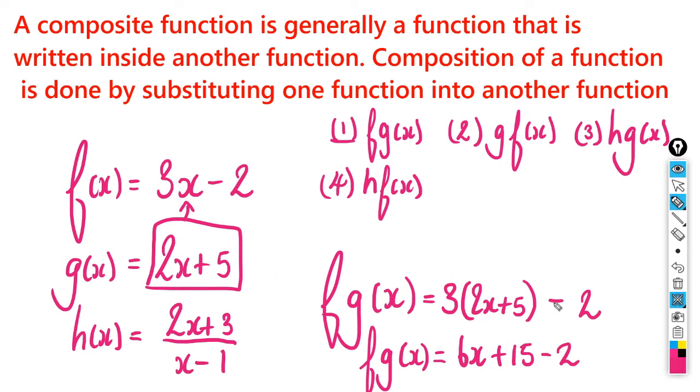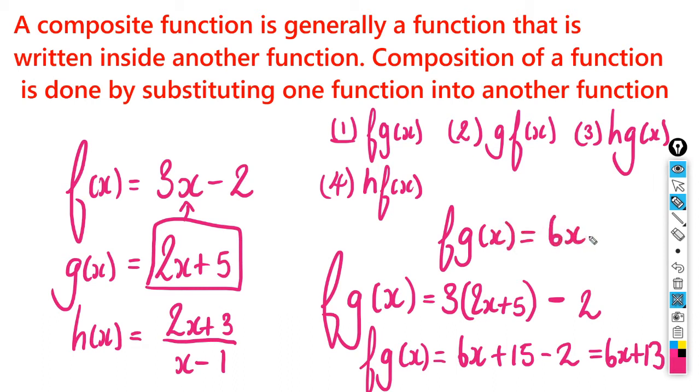Of course, we're not going to forget the minus 2. And then we're going to end up with 6x plus 13. Cool. So that's the answer, guys. And that's exactly how you find a function inside a function. Really simple. So f of g of x is equal to 6x plus 13.